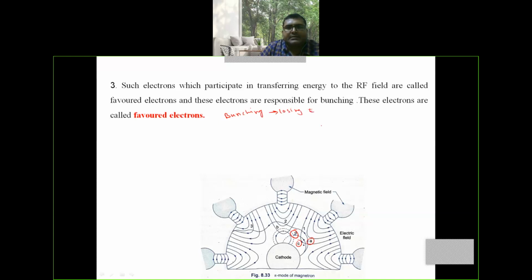The amount of energy lost in formation of bunching is transferred to the noisy RF field which is present in the interaction space till the oscillations are sustained.